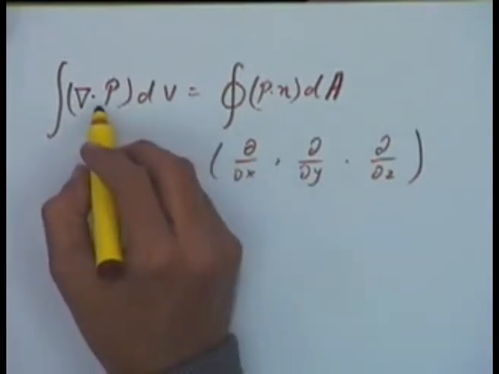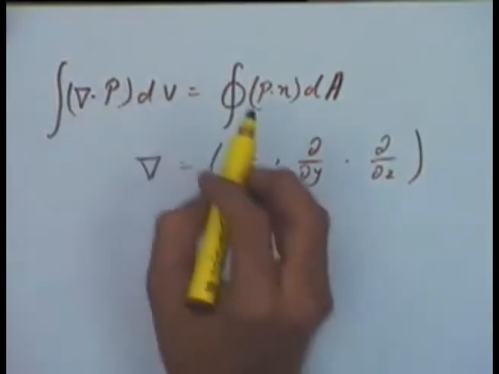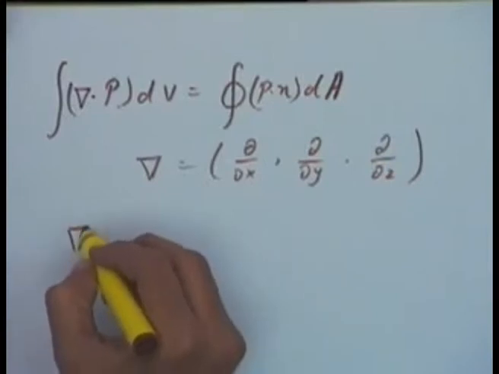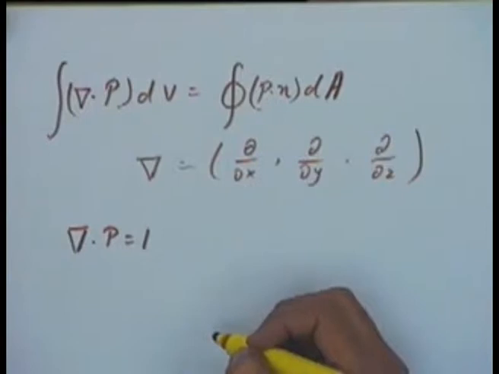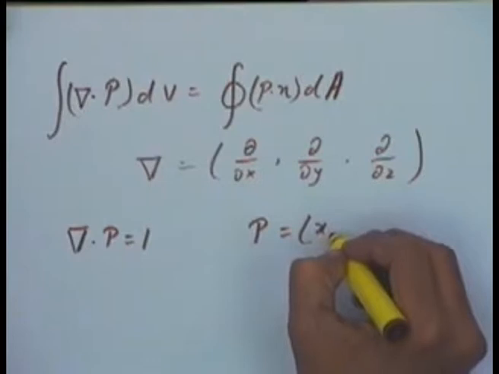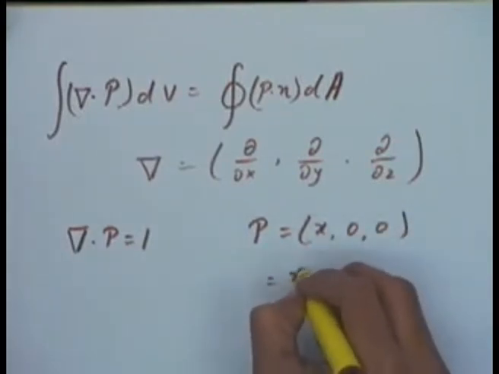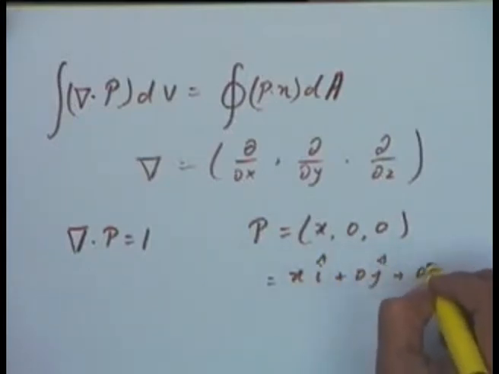And P is any field. P is a vector field in space in 3 dimensions. So let us say if I want to find out the volume, what I want to do is I want to ensure that del dot P should be equal to 1. So for ensuring this, we will take P to be equal to x 0 0. That means it will be x i plus 0 j plus 0 k.